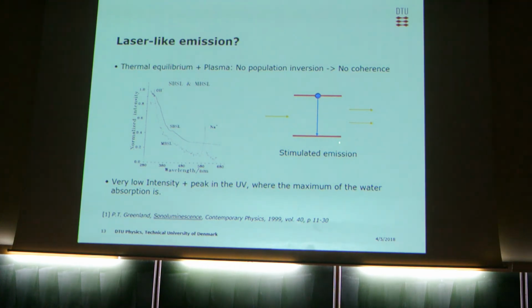You have a ground state here, an excited state here, and an electron in the excited state. A wave comes in, and the wave helps the electron go to the ground state, and by the process of stimulated emission you have creation of two photons that are coherent.